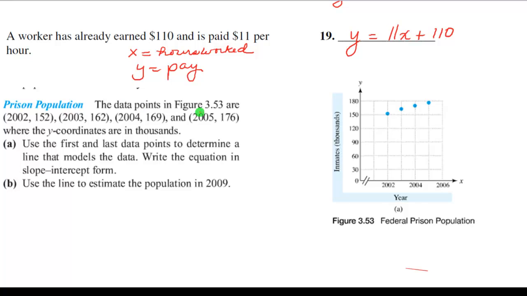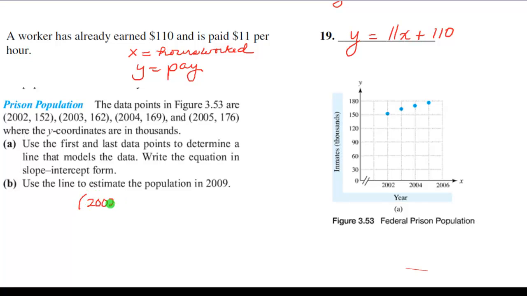Okay, and here we have a picture. It says the data points are here on the right, and the y coordinates are in thousands, and this is the prison population based on a given year. So we're going to use the first and last data points to determine a line that models the data, and then we're going to write the equation in slope-intercept form.